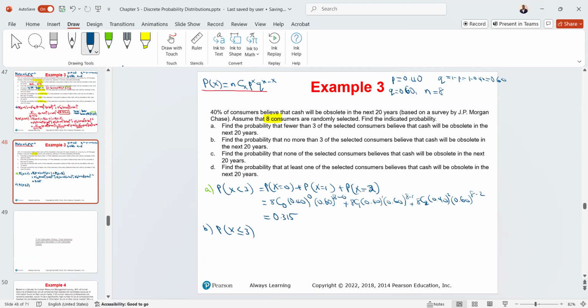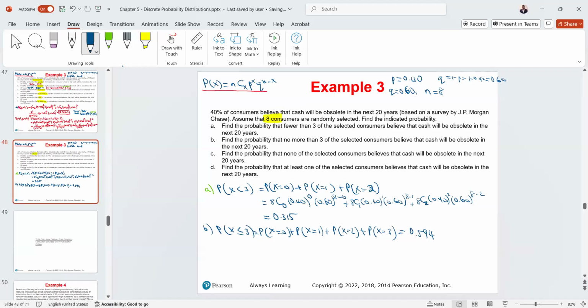So we take the same answer, and the only thing we do is start with X equal to 0, X equal to 1, plus X equal to 2, plus X equal to 3. Then you do each of them separately, and you would find the answer for no more than 3 is 0.594.